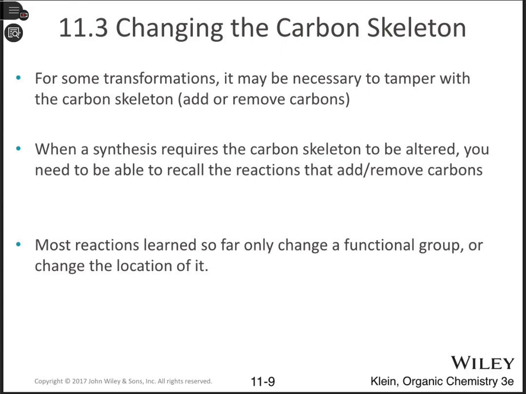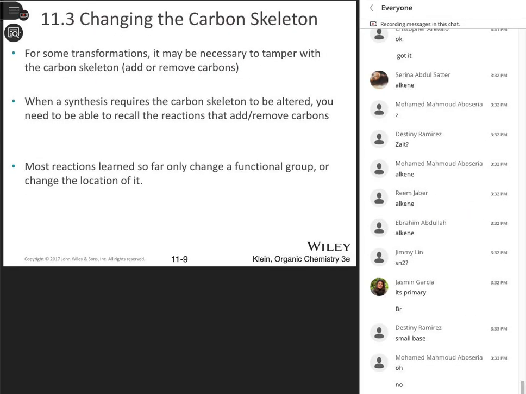All right, and so we make the molecule bigger. Oh yeah, so if you use an acetylide ion, since it's going to be an SN2 reaction, the substrate must be primary.